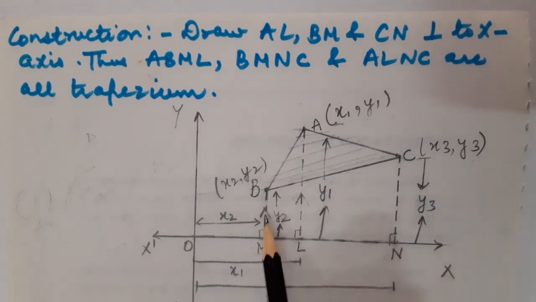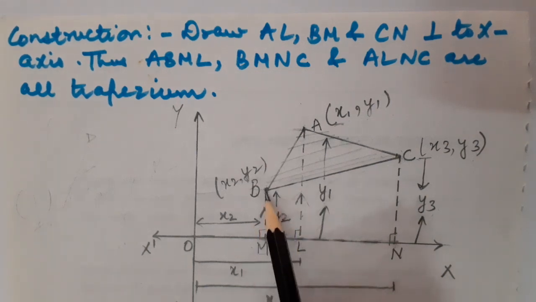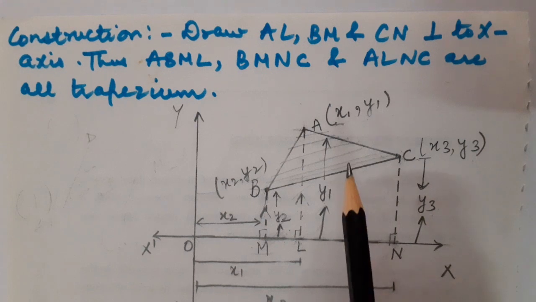Okay. Children, you know that a trapezium is a quadrilateral in which one pair of opposite sides is parallel. Correct. So as I know that BM is parallel to AL, but the other pair is not parallel. So when only one pair of opposite sides is parallel, then that particular figure, or I should say the quadrilateral, is known as a trapezium. So what can we say?